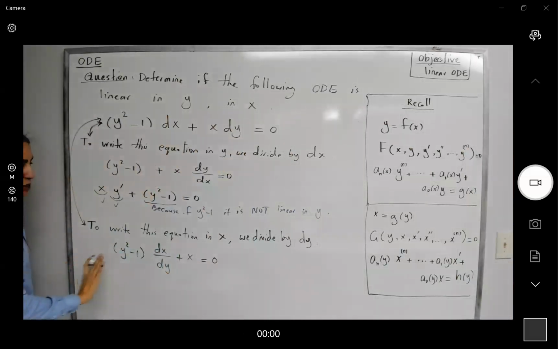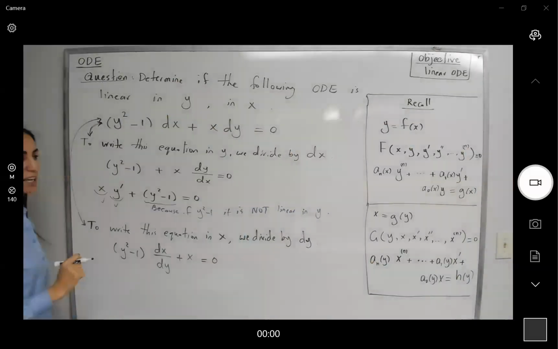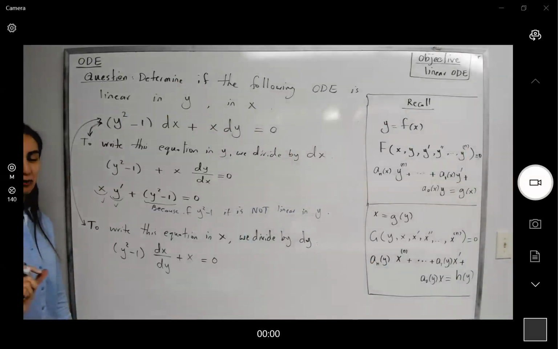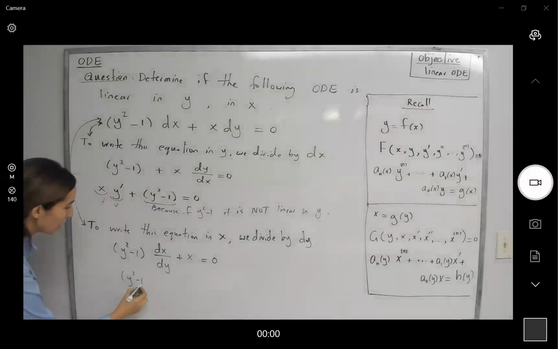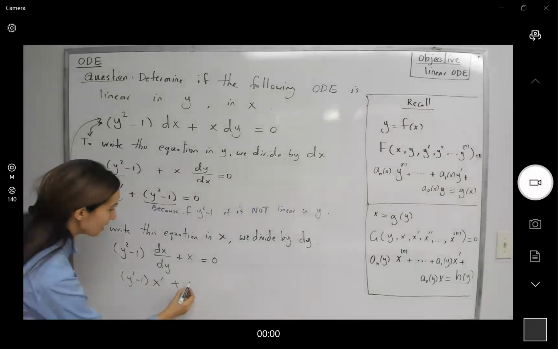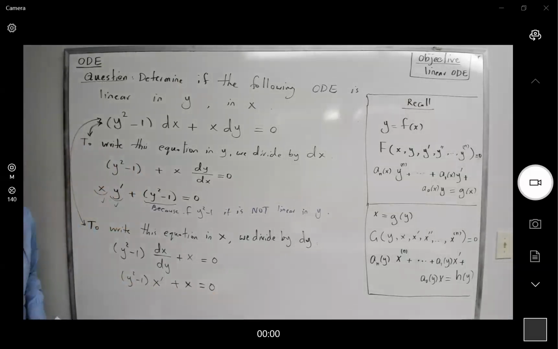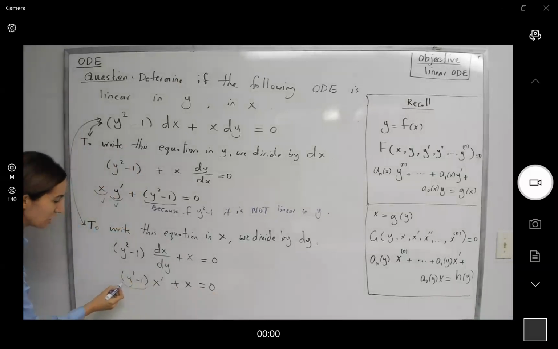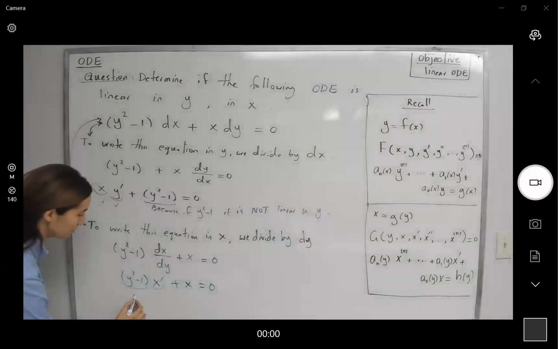Or if we rewrite this as a relation between the expressions in y and the derivatives of x, we're going to have (y squared minus 1) times the first derivative of x plus x equal to 0. So what do we have here? We have an expression in y multiplied by the derivative of x, which is fine.